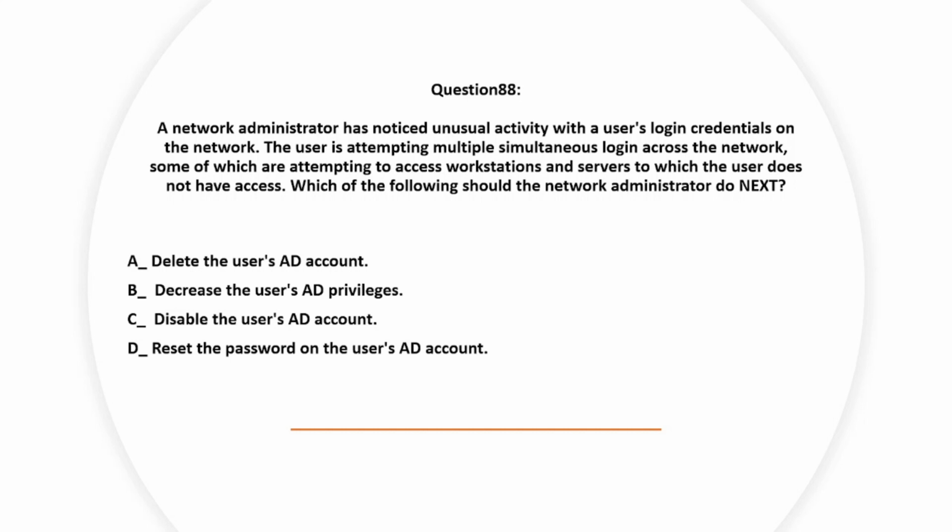Reset password is not correct for this case. Decrease the user's privilege? No, I think B is also not correct. We don't need to decrease the user's privilege because they would still have some privilege. So I think this is a good option, to disable the user's Active Directory account.